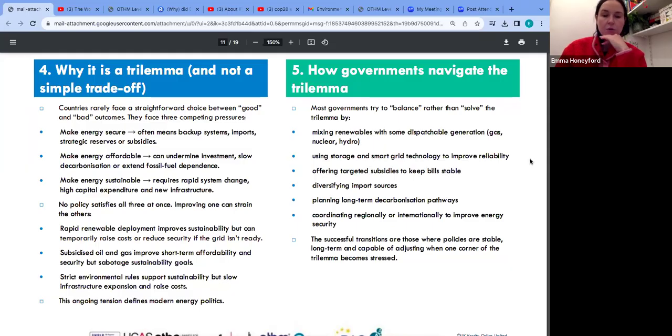We know that rapid renewable deployment improves sustainability, so it's better for the planet, reducing reliance on fossil fuels, but it can temporarily raise costs or reduce security if the grid isn't ready. If the infrastructure isn't there, that will impact energy security.